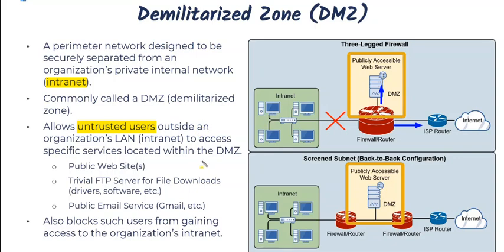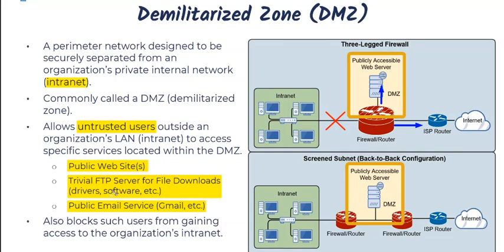And some common examples of different services that we would put in the DMZ: well, I already stated a public website, and an FTP server to download software. So for example, if we were a company that created laptops and we had driver downloads and software, we could put those in the DMZ. We could use a trivial FTP server and put a link on our website and allow people to download the drivers and the software, etc. Now, if we were a company that offered email services such as Gmail, we would typically put that server in a DMZ as well because we want all this stuff isolated from our intranet.